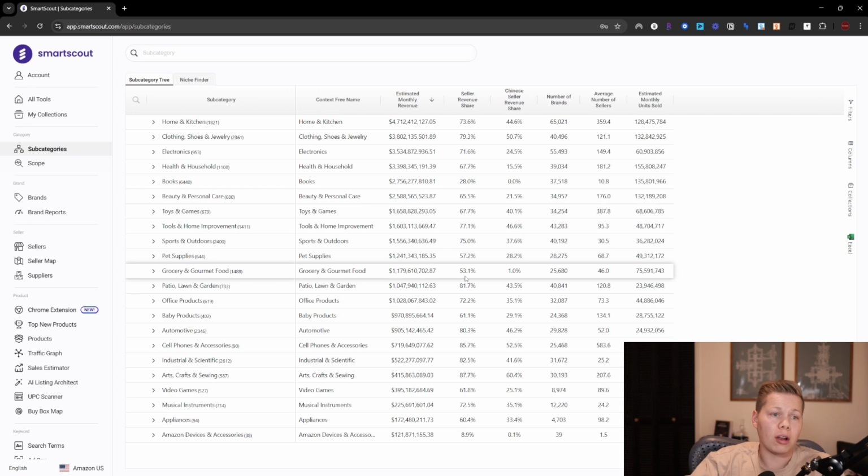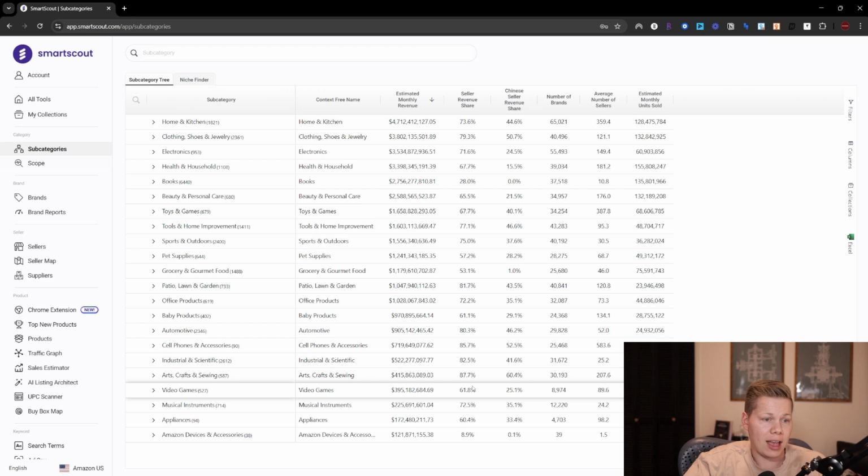And as we work down this list, just to summarize here, there's 32 different major categories. The clear winners on this list for me absolutely have to be grocery and gourmet food, 53%. Yes, almost an equal amount of Amazon, but almost no Chinese sellers and a lower competition scale for the average amount of sellers, okay?